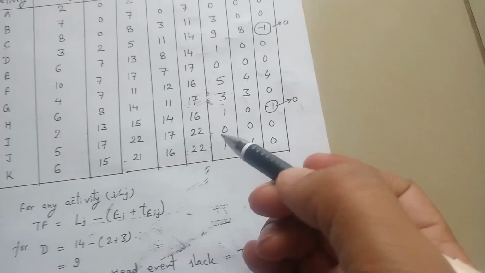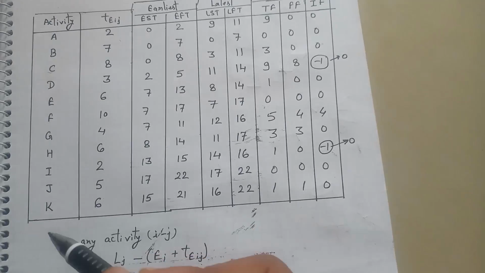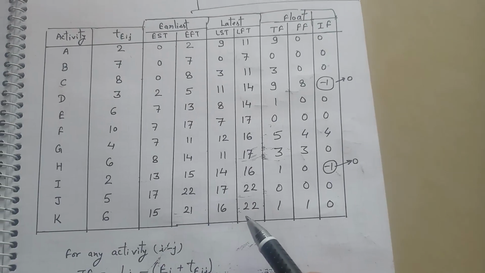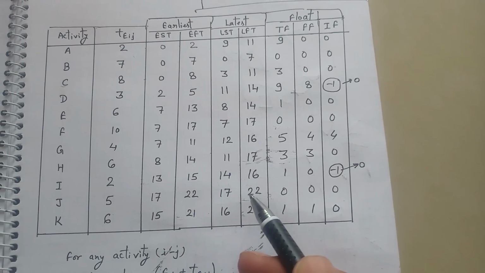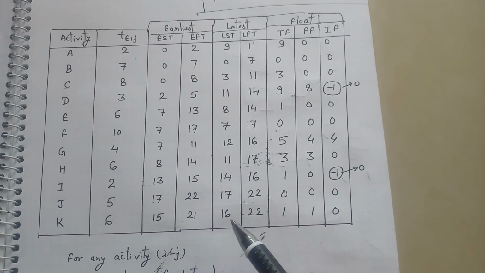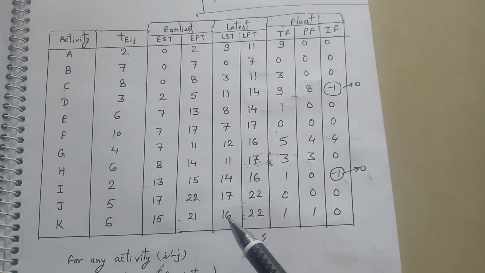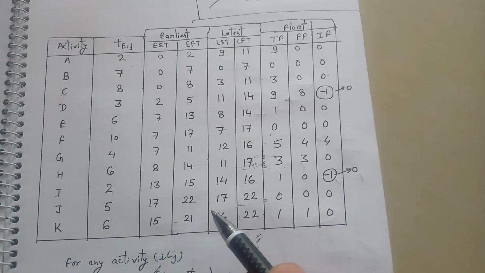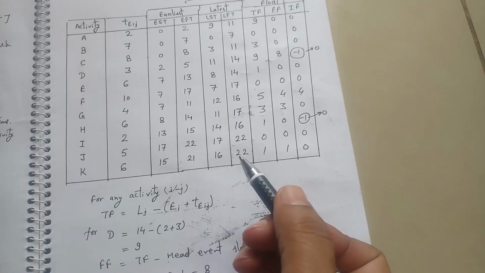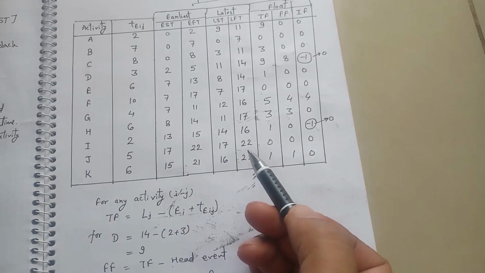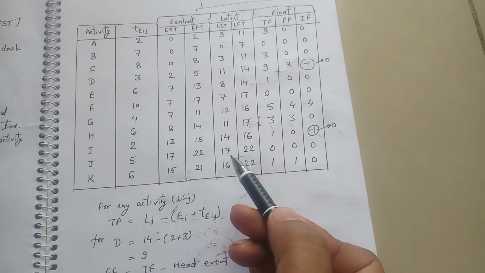In the table we calculate from activity K, where the latest finish time is 22, which is the minimum time to complete activity K, and latest start time is 16. So for each and every activity we first calculate the latest finish time, then the latest start time.